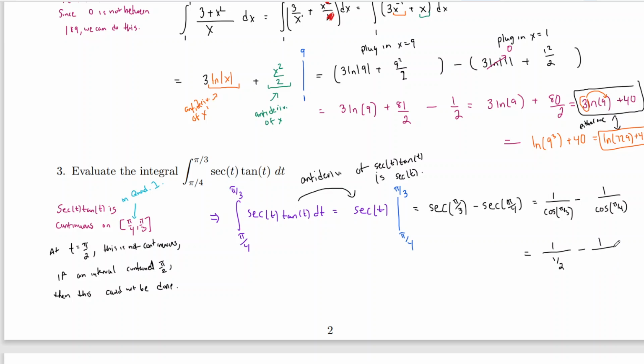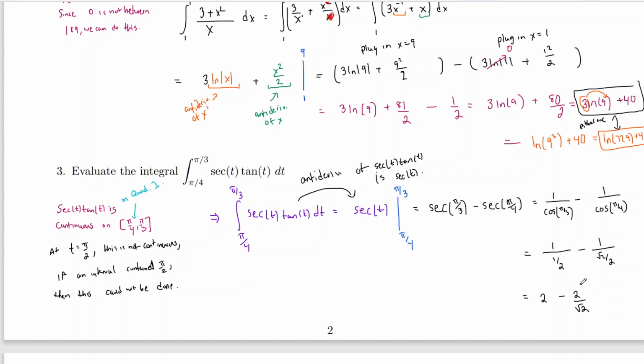Minus cosine of pi over 4, which is the square root of 2 over 2. When we have a fraction, something over 1, you just bring it to the top and flip it. When the top is 1, it's just this flipped. So this is going to be 2 minus 2 over the square root of 2.